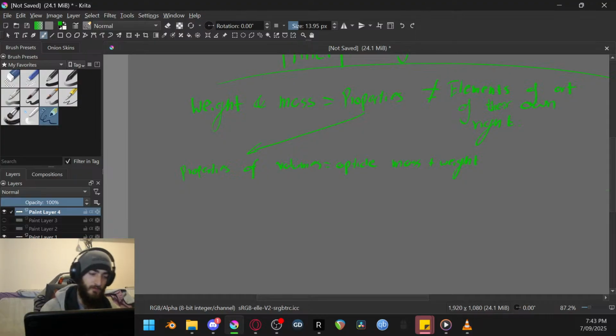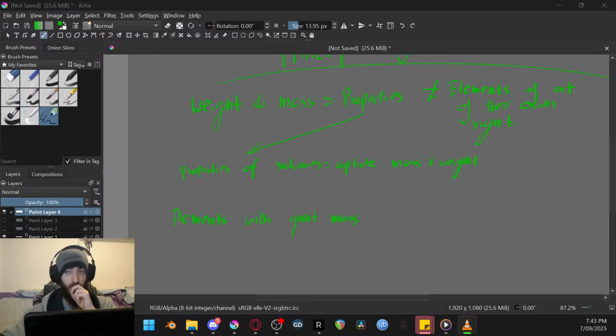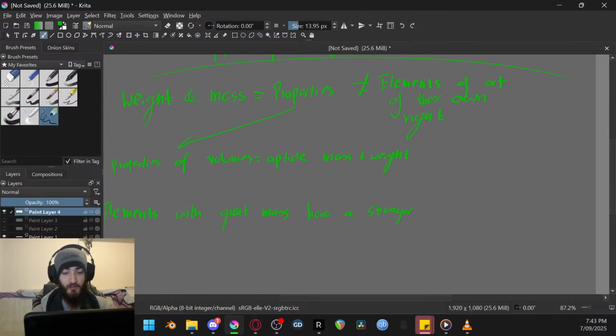Elements with great mass have a stronger pull for your attention.